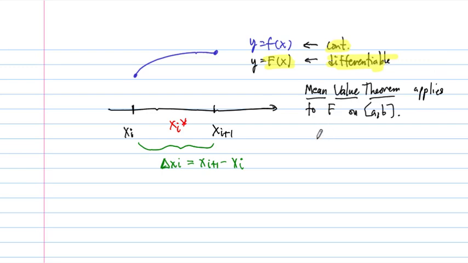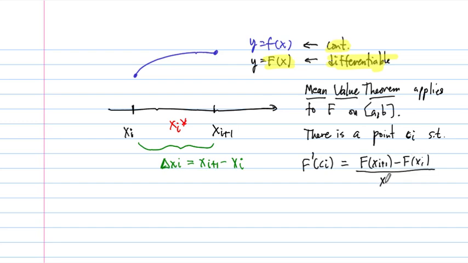But the mean value theorem then says that there is a point, or a number in this case, which we'll call c sub i, such that F prime at c sub i, so the slope of the tangent line of capital F at c sub i, is equal to the difference quotient, F of xi plus 1 minus F of xi, all divided by xi plus 1 minus xi.